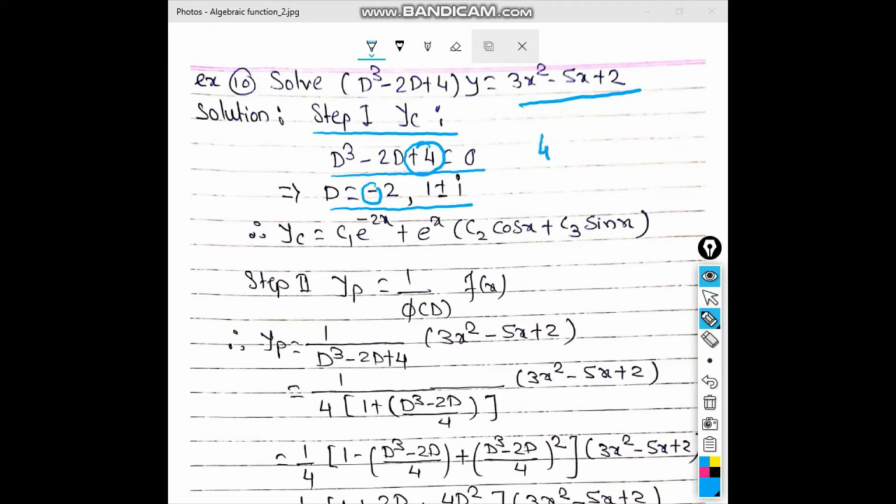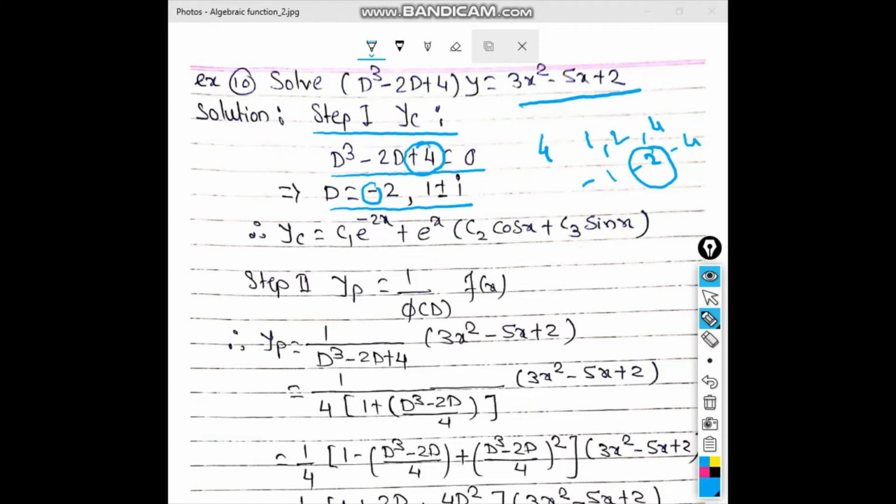The factors of 4 are 1, 2 and 4 itself. So minus 1, minus 2, minus 4 can be the root, and you can check it by hit and trial method. And once we get minus 2 by hit and trial, then you can find the pair of complex roots. But that is a lengthy way, so better you use the calculator.